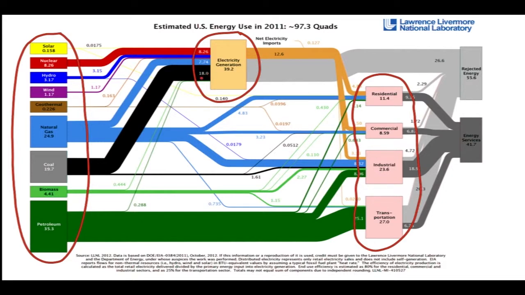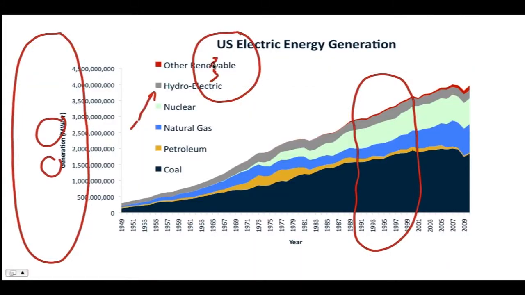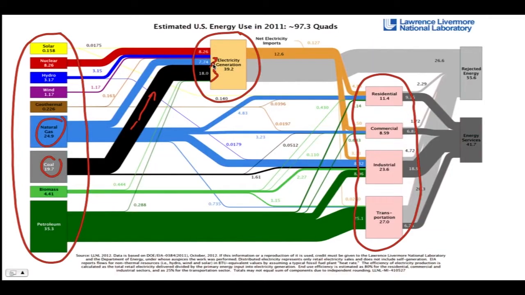So on the one hand, we see the biggest energy input is coal here. It's flat and black, and that's the biggest piece of the energy input to our electric power generating infrastructure. And next we move up to natural gas, and that's blue right here, and that is another big chunk.